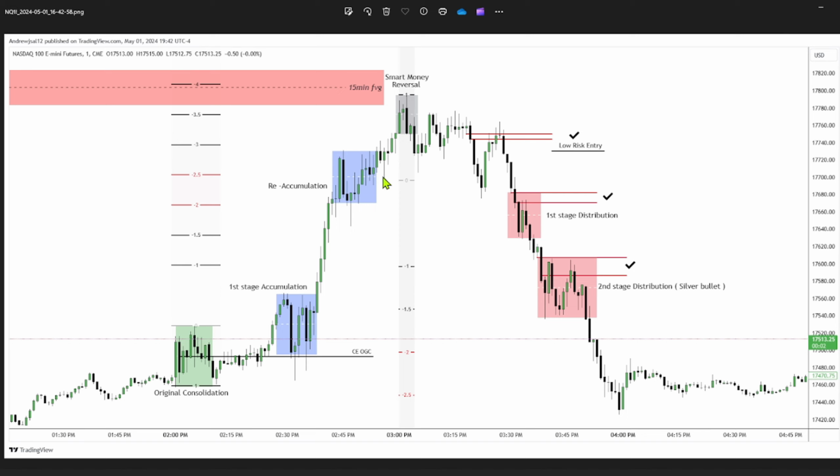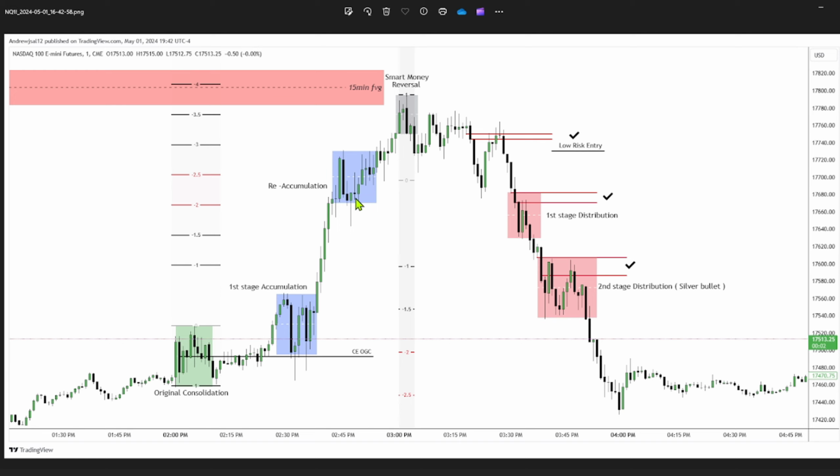So this last run in here, we pull our fib from the high to this swing low, and we get 2 to 2.5 standard deviations, which lines up with our original consolidation, and we can target 2.5 right in here. Okay. Goes a little bit lower, but then we come back in and we close for the day.